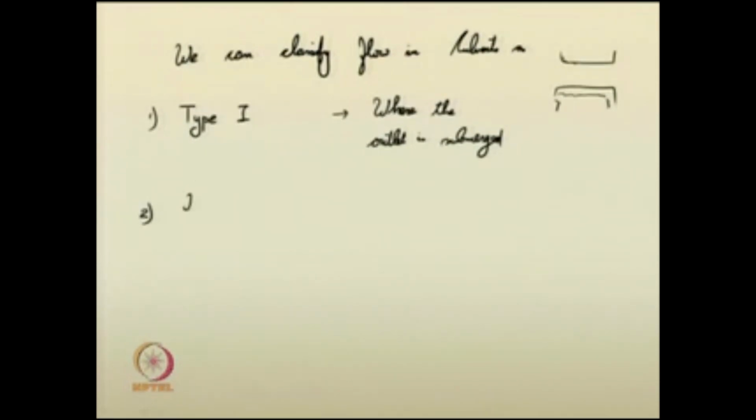You can have type 2 flow; you can give either Roman letters or Arabic numerals. You can have type 3 flows. In both type 2 and type 3, the outlets are not submerged, but they are different.